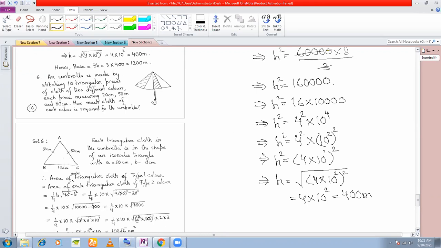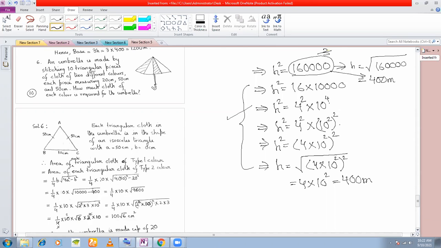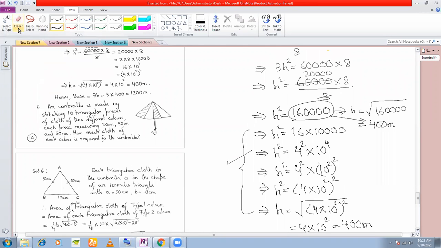Now here I could have straight away taken the square root of 1,60,000 and directly written 400 meter. I don't have any problem here. This is just to simplify my work because 1,60,000 is a very convenient number. So directly you can write it as 400. That is okay. But sometimes you don't get very convenient numbers, so you have to follow this. Okay, we'll proceed to the next problem then.